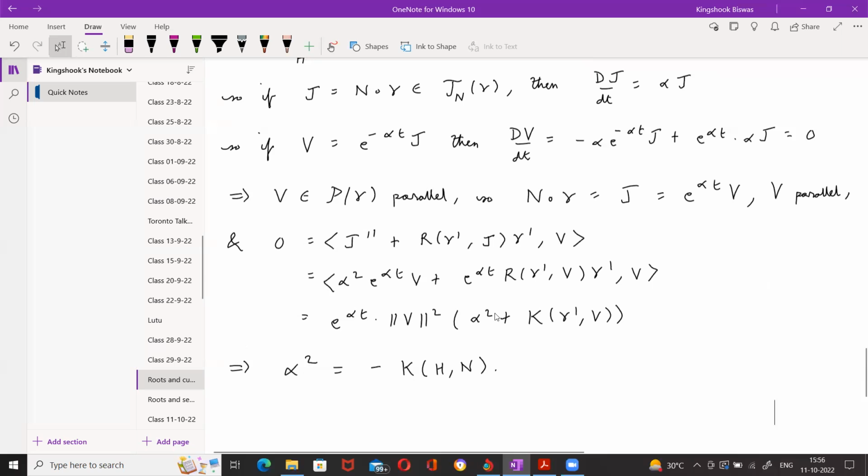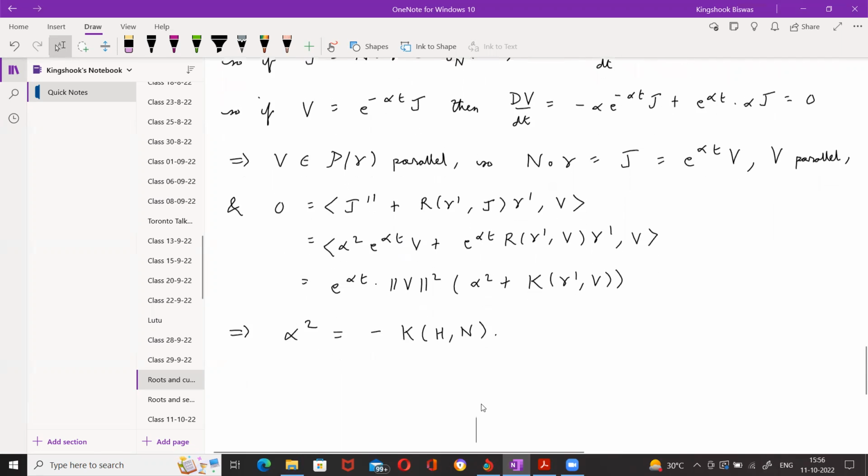Finally I get e^(alpha t) norm V squared coming out, and inside I have alpha squared plus the sectional curvature K(gamma', V), which is equal to 0. So I can cancel these terms and I get that alpha squared plus this sectional curvature is equal to 0. In other words, alpha squared is equal to minus the sectional curvature of the plane spanned by H and n. Is this okay?